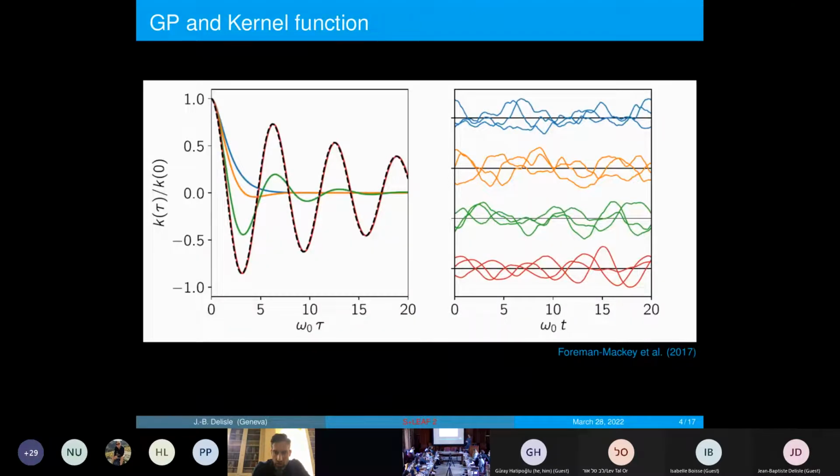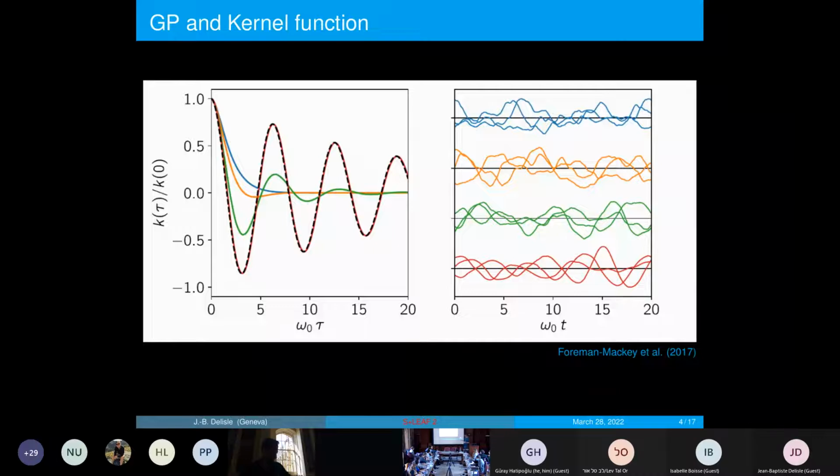So now, depending on the kernel we choose for the Gaussian process, depending on the hyperparameters of this kernel, we can have different behavior for the Gaussian process time series.